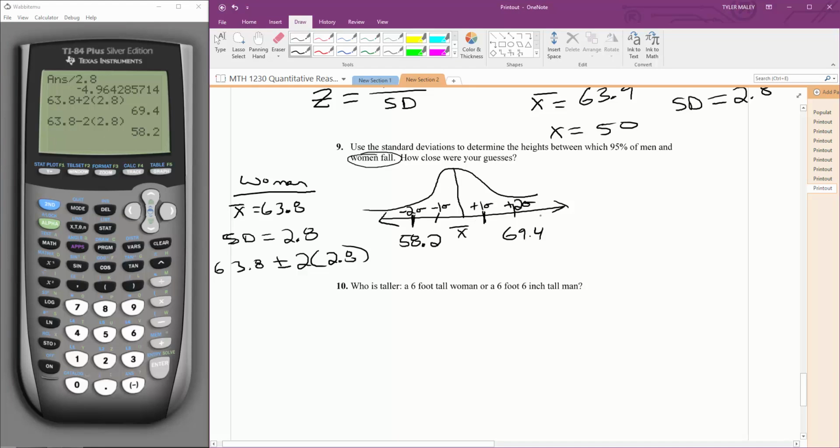Right? So for women, we would expect 95% of women to be between 58.2 inches and 69.4 inches tall, right? And then we would repeat the same thing for men, right?